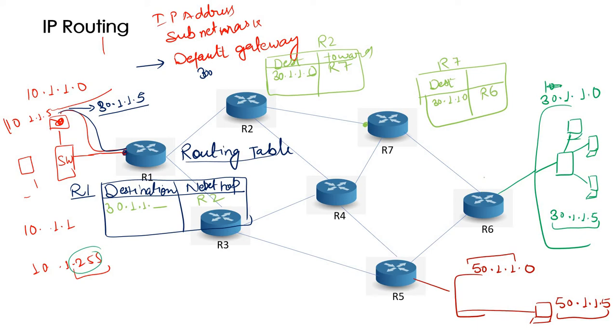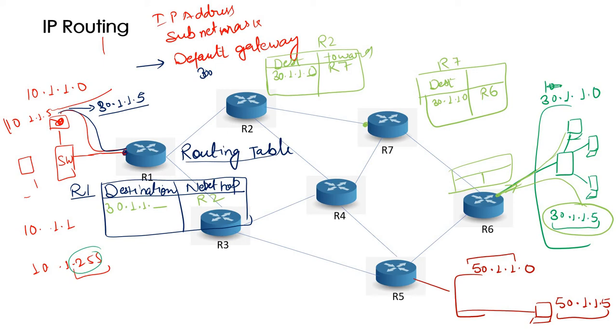Now this packet has reached R6, and R6 has its own routing table, and it checks, oh, 30.1.1 is connected directly, or it is my network. So it will send towards this interface. It will send towards that interface IP, or if the computers are connected directly, with no switch, obviously they will communicate from this router interface, so they will communicate directly, and the packet will be sent to our required IP address 30.1.1.5.